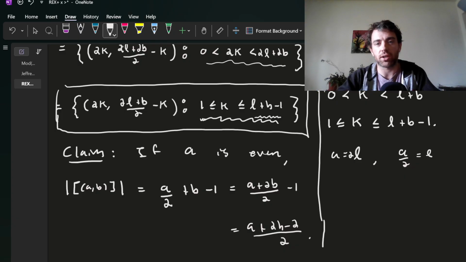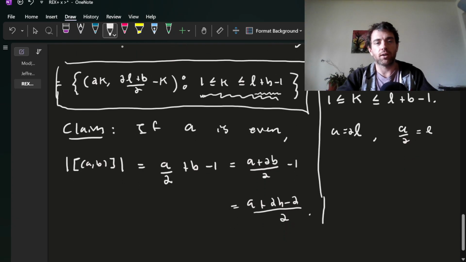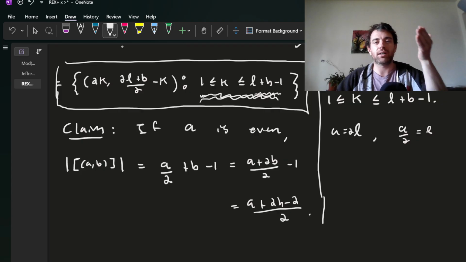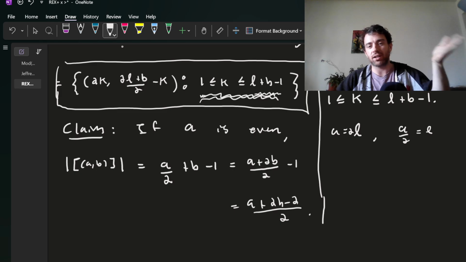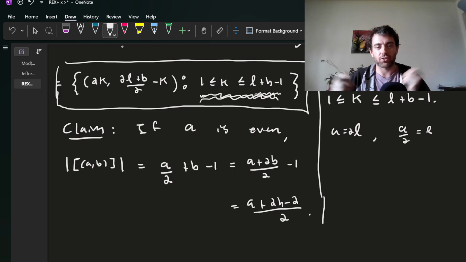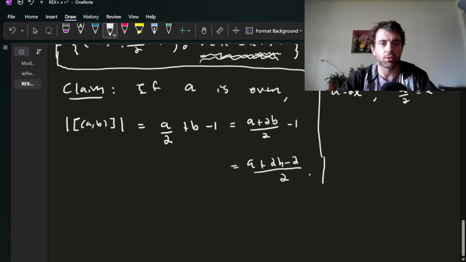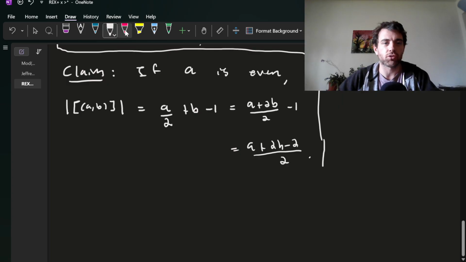You could just say something like, well, since the set on the right has one element for each k between 1 and L plus B minus 1 inclusive, this gives the result. So now that we have our guess for this formula, let's talk a bit about how we would prove this more formally. So let's talk about the proof of the claim.